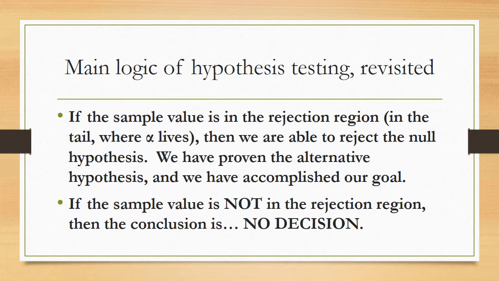We can never prove that something is the same as a certain standard. So either we prove it's different, we reject the null hypothesis, or no decision. Those are the two possible options. So I'll come back and talk about more. But that is the idea of the main steps for hypothesis testing.